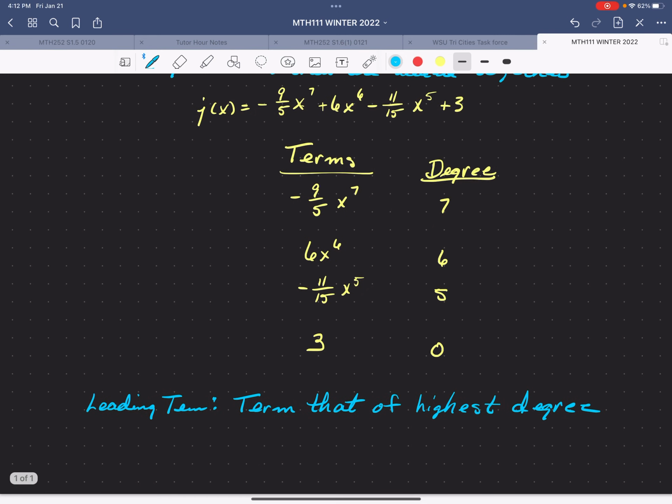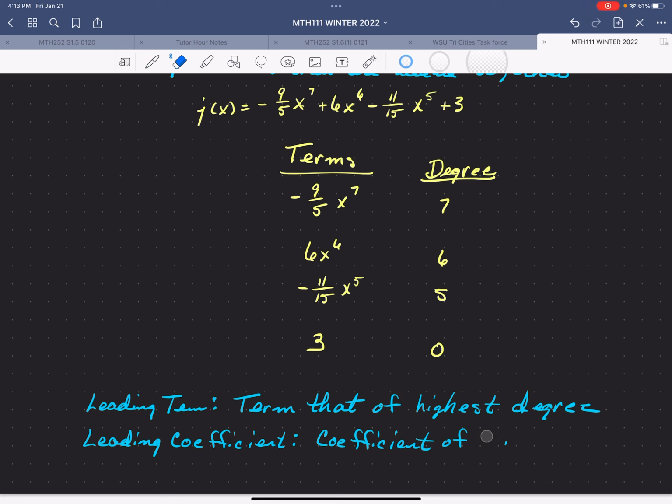And the leading coefficient is the constant multiplier part of that term. In other words, negative 9/5 is the coefficient of this term. So that is the coefficient of the leading term, of the highest degree term.